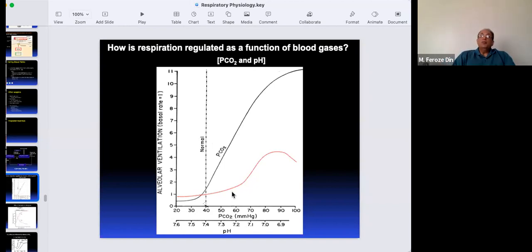That will achieve removal of carbon dioxide. As I told you, carbon dioxide and H plus are in equilibrium. So when you lose carbon dioxide, you are in fact losing acid. Not only are you losing carbon dioxide, but you're in effect removing acid from the body. Any loss of carbon dioxide is the loss of acid. So fall in pH, rise in carbon dioxide causes increase in ventilation.